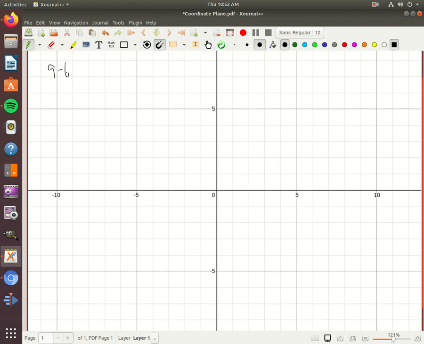So 965 starts by asking us to put this inequality and this inequality on the same coordinate plane. Okay, so my y-intercept is 5. I'm going to go down 1 and over 1.